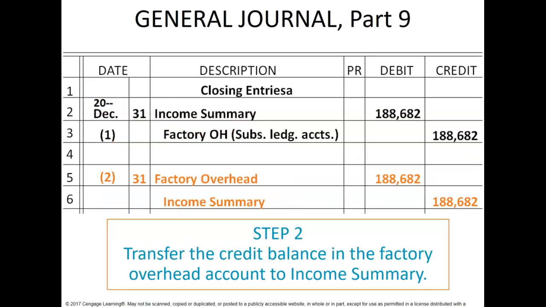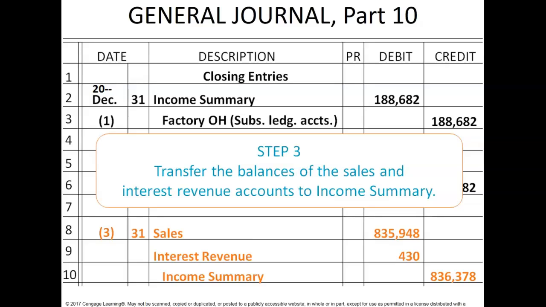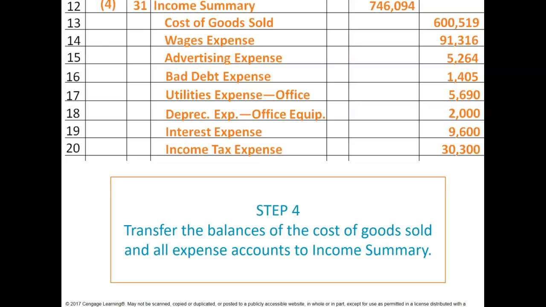And we're going to take the credit balance from the factory overhead account and transfer it to the income summary account. Then we take our revenue accounts and we will close those into the income summary account. So we have 2 revenue accounts, one coming from our sales and the other coming from interest revenue. And we will then take the cost of goods sold and all our expense accounts and close those into the income summary account.